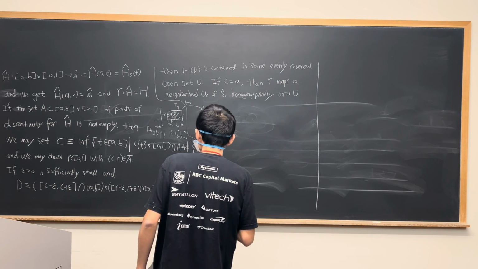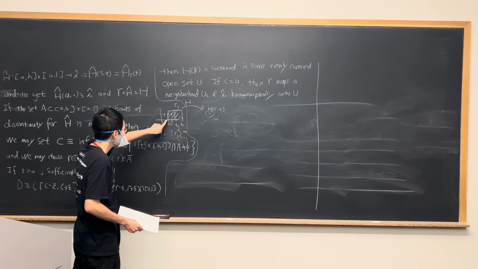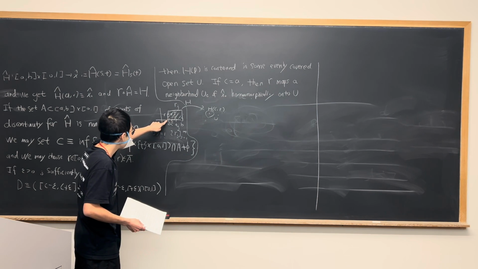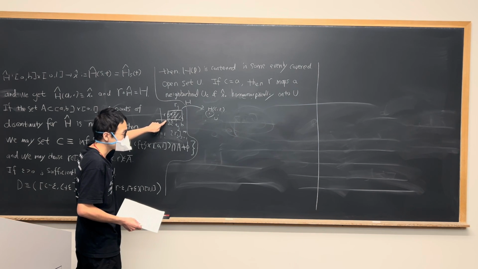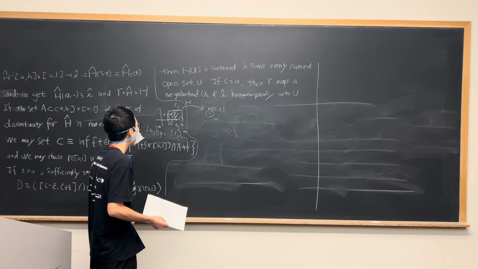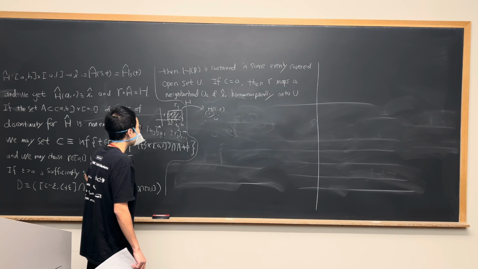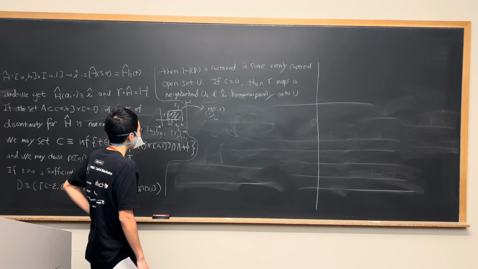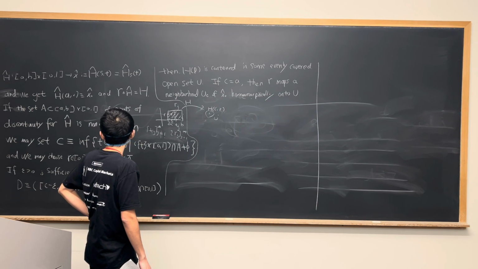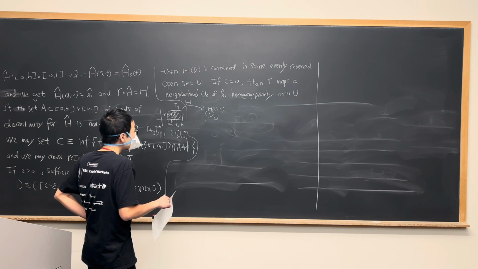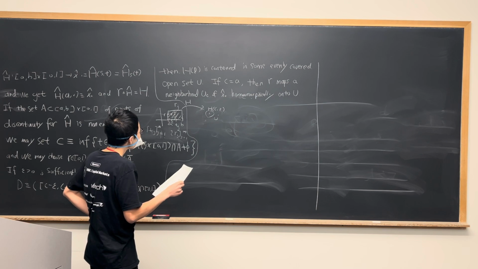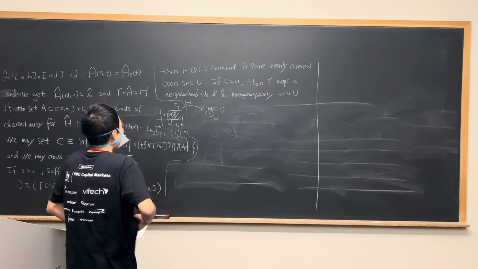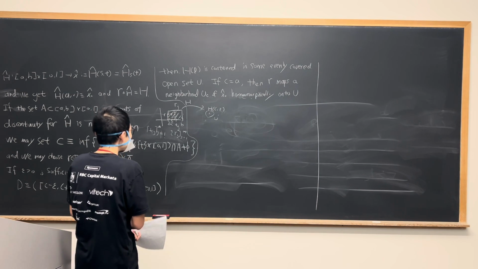Remember, C is like the variable point, right? If it hits the lower bound A, then R maps a neighborhood U naught of X naught hat homeomorphically onto U. Remember that this U is this set here.